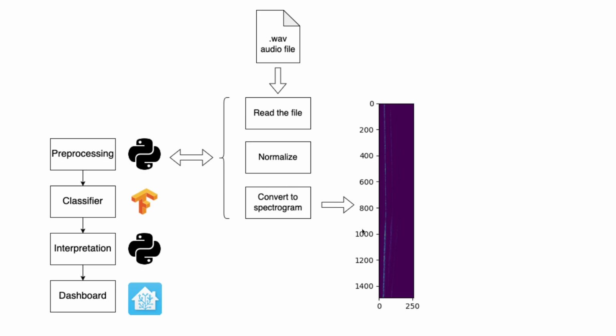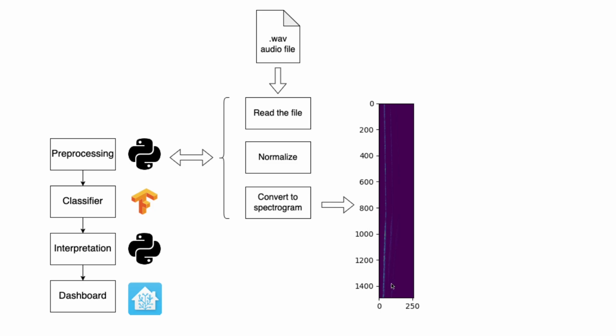We will convert audio to something like this. It's called spectrogram. Spectrogram is what? Let's imagine that we chop our file into small pieces and we figure out which frequencies are present in each piece. It's like decomposing audio into individual notes, individual frequencies.